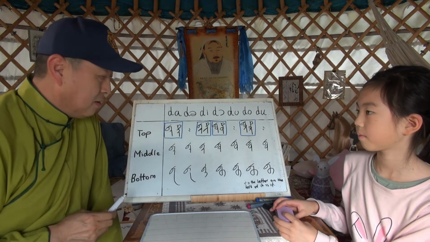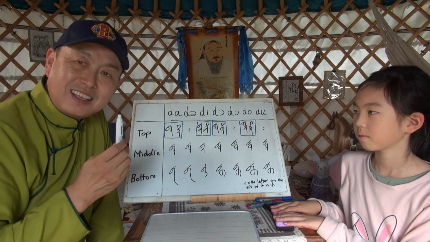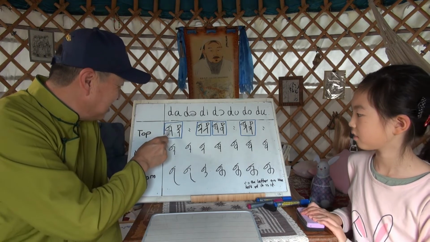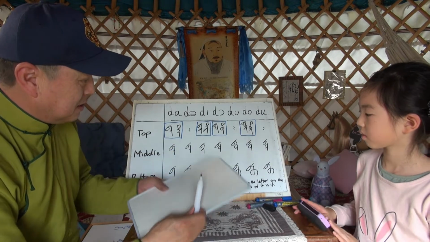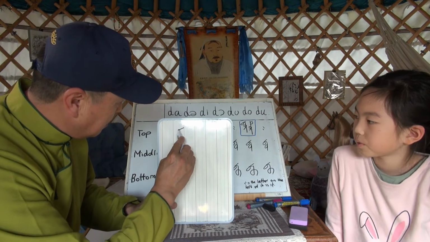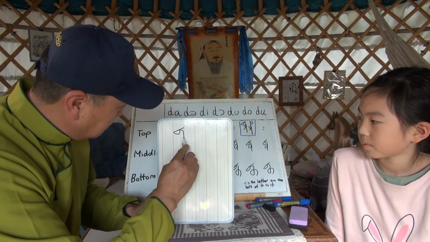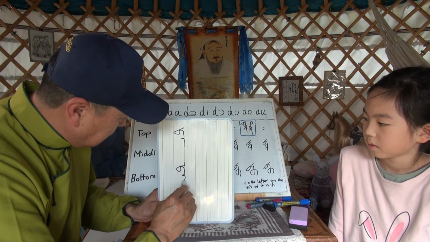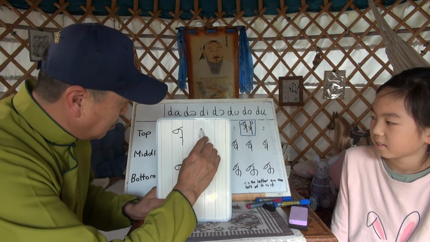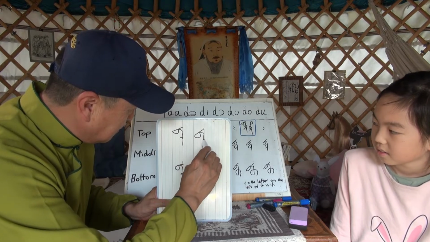So Nara wants to write daddy. Da is here, D is here. So we're gonna make the combination. Da and D added together will become daddy.